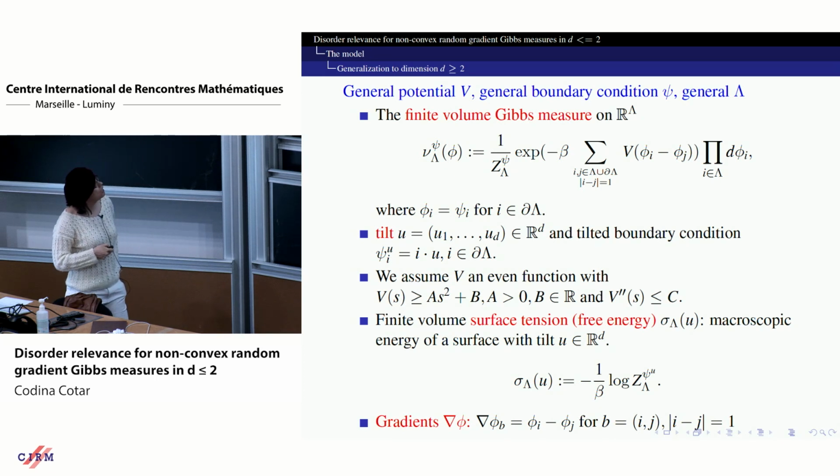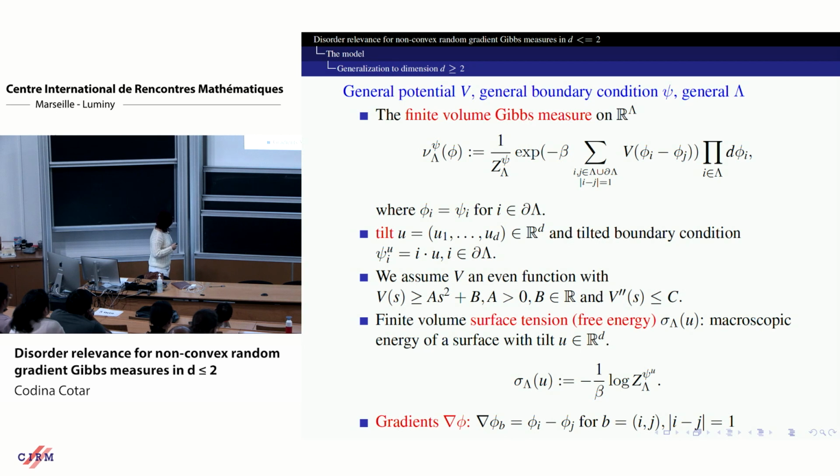Another quantity that is of interest is the so-called surface tension, or free energy. In some sense, you can think of it as the macroscopic energy of a surface with some tilt u in R^d. You take the log of the partition function, so of these normalizing constants.